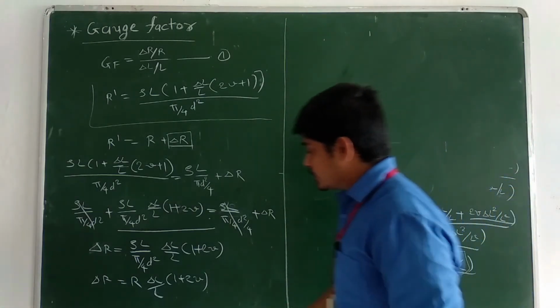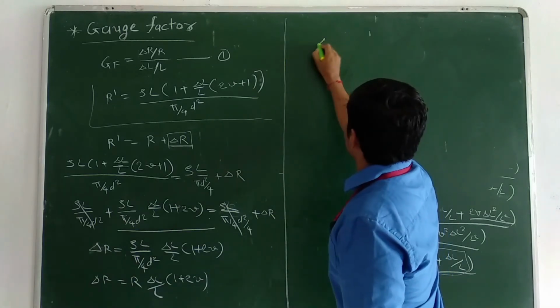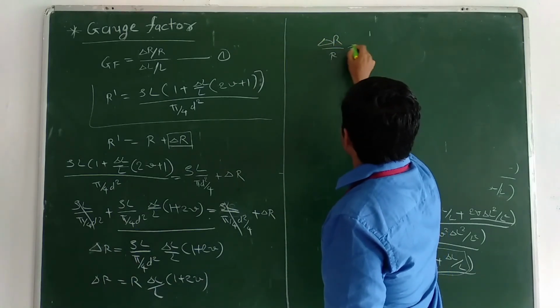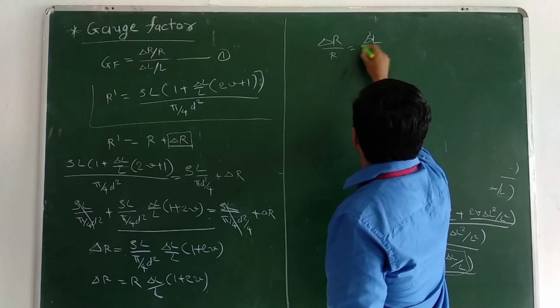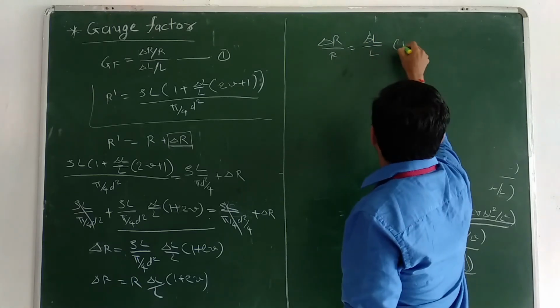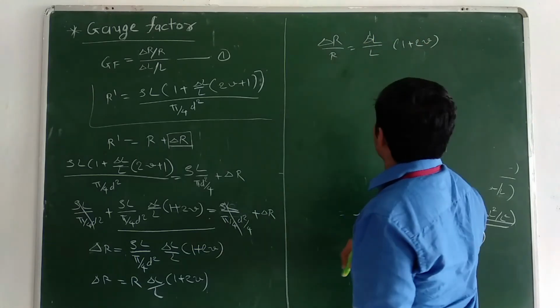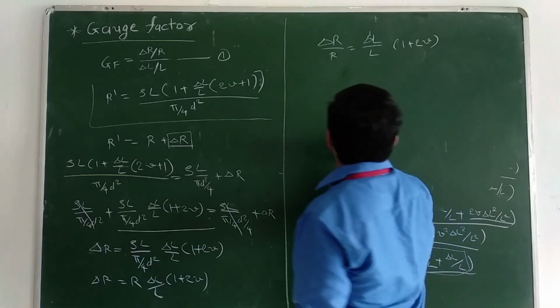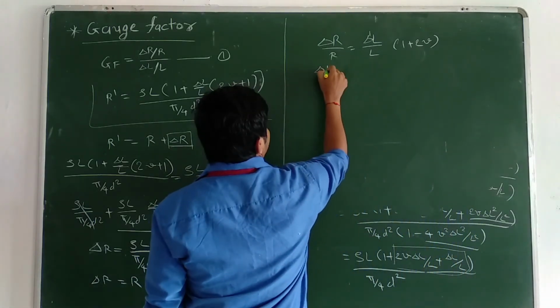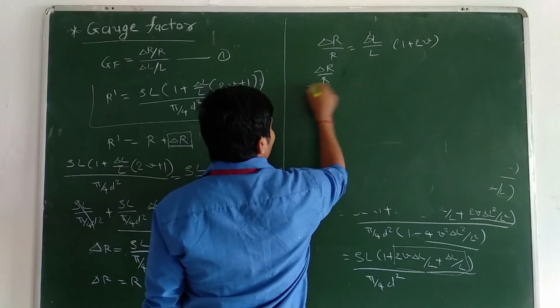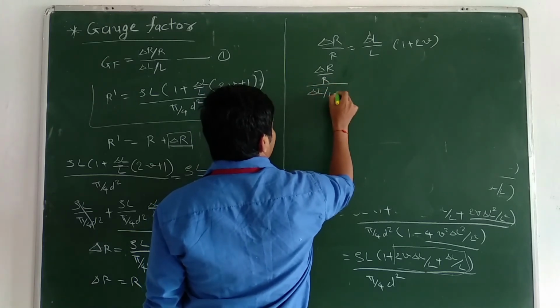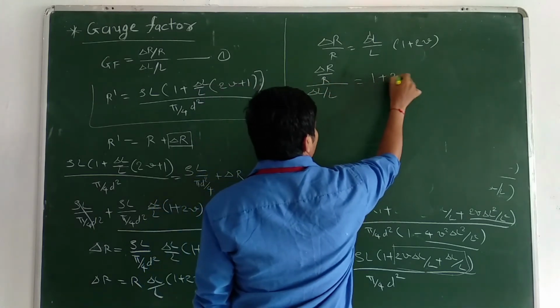Now taking R on this side, ΔR/R is equal to ΔL/L (1 + 2ν), and again taking ΔL/L on this side, we get (ΔR/R) divided by (ΔL/L) is equal to 1 + 2ν.